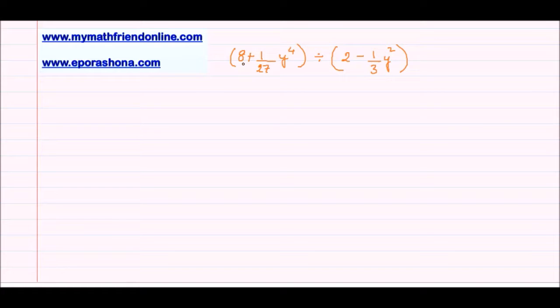Coming to the dividend part, the first term is a constant term. It is 8. 8 can be represented as 8 into y to the power of 0, because anything raised to the power of 0 is 1. So it is 8 into y to the power of 0 plus 1 by 27 into y to the power of 4. So the power of y is increasing from 0 to 4.